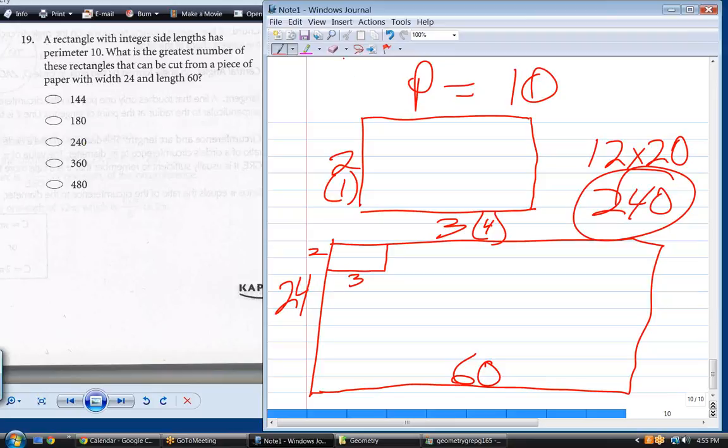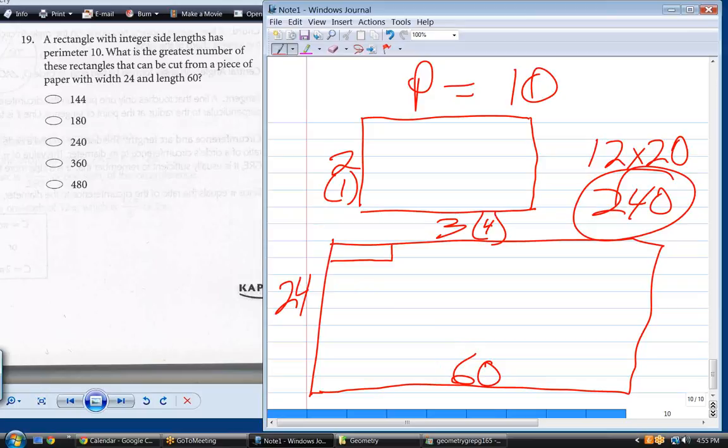Okay, now let's see how it works with 1 and 4. Does it matter? Let's see. The important part here is to figure out if both of them divide into these numbers. 4 does divide into 60 perfectly.